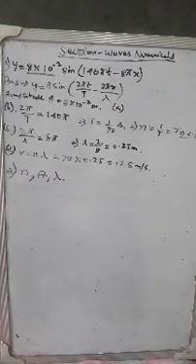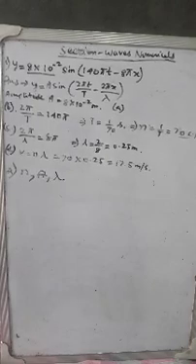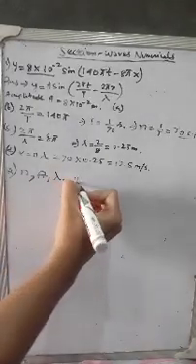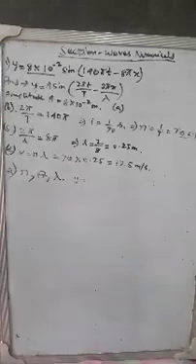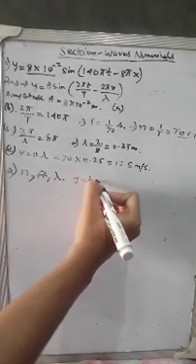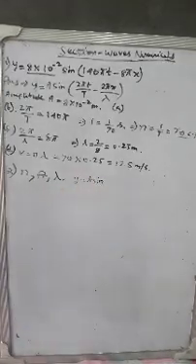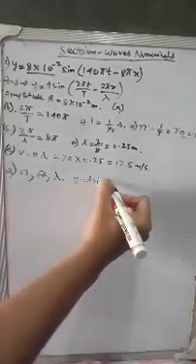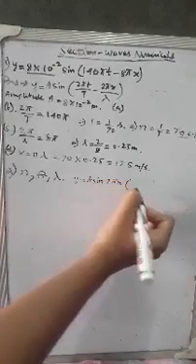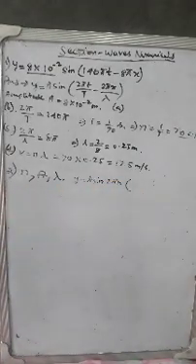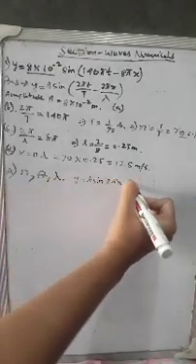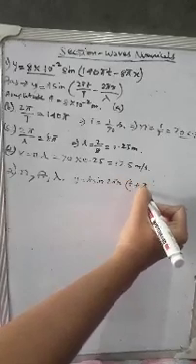So I will choose this equation: y equals A sine 2 pi n, within bracket, t plus x by v.